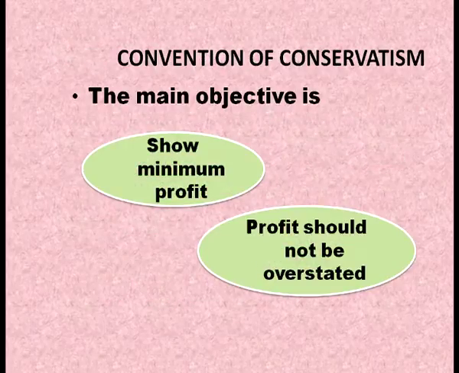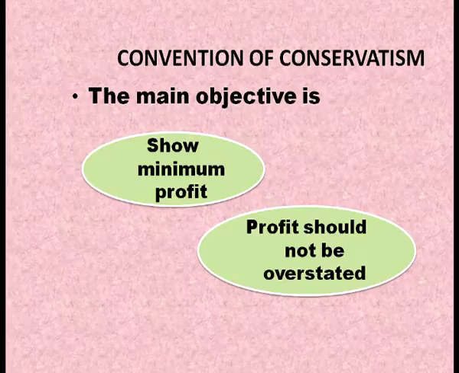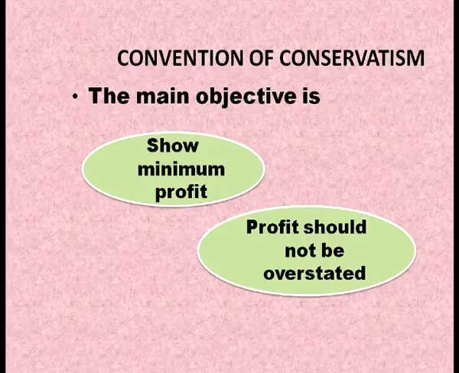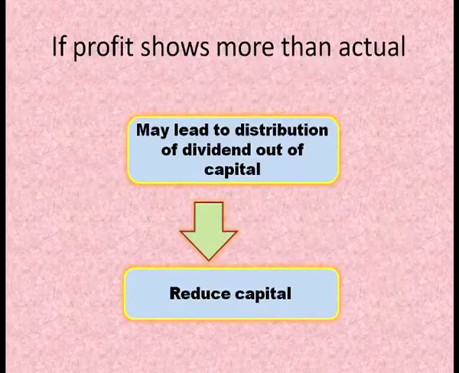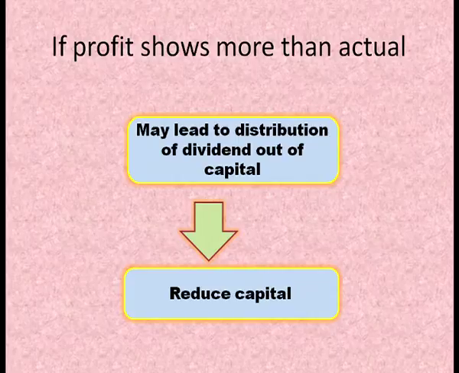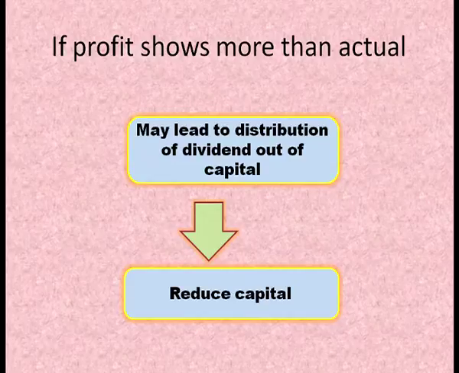The main objective of the convention of conservatism is to show minimum profit. That is, profit should not be overstated. If profit is shown more than the actual, it may lead to distribution of dividend out of capital. That is, capital will be reduced.